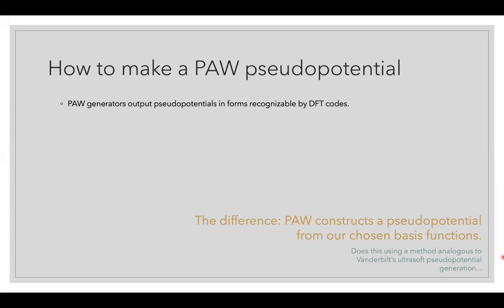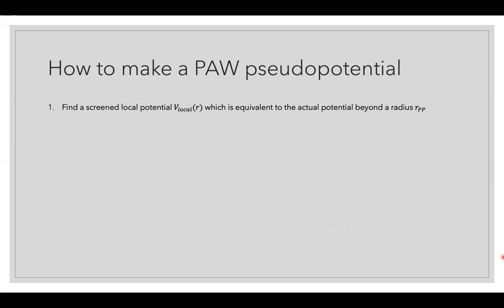It does this using a method that's analogous to Vanderbilt's ultrasoft pseudopotential generation, a process which I'll describe briefly here. So the first thing that you do is find a screened local potential called V sub local, which is equivalent to the actual potential beyond some radius, R sub pseudopotential.